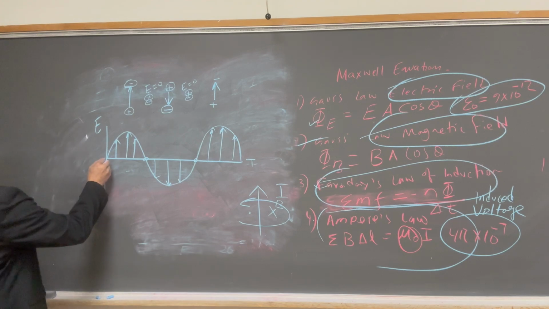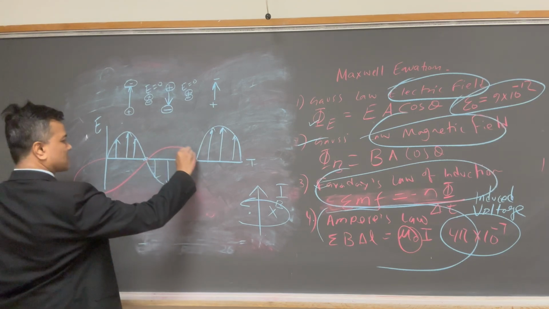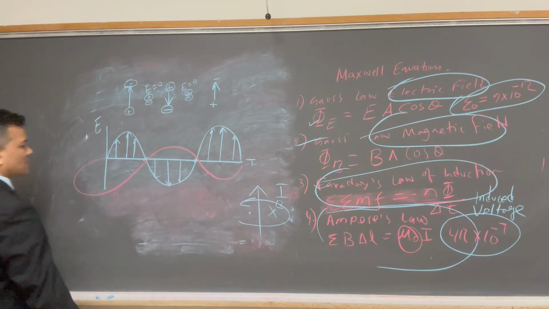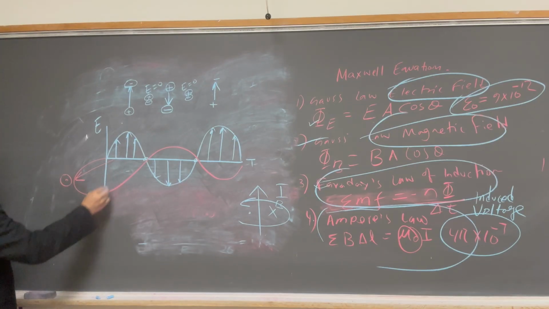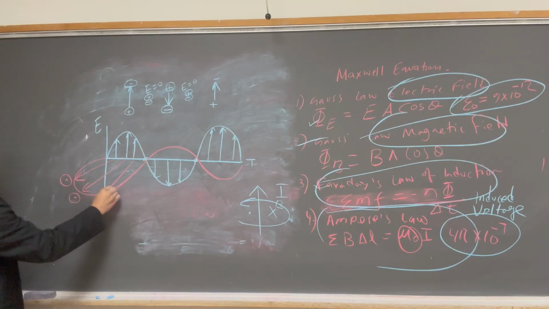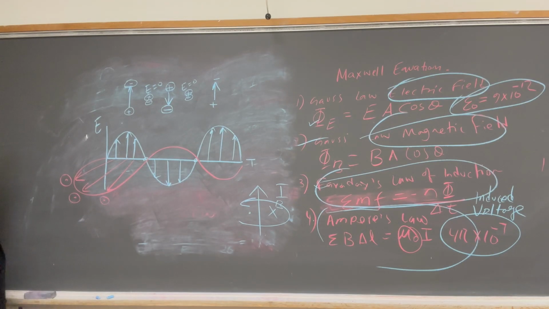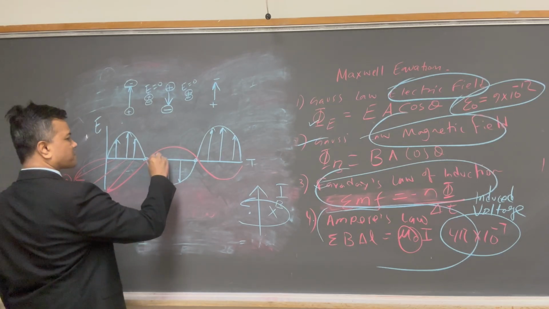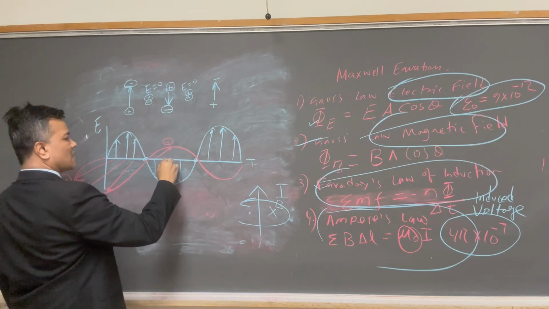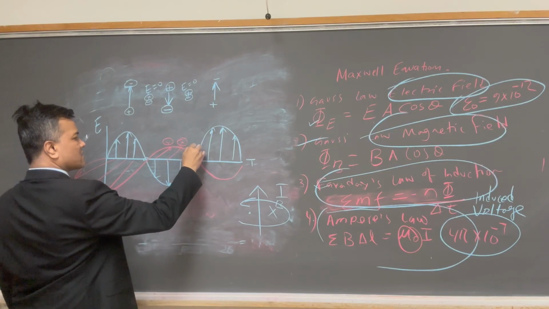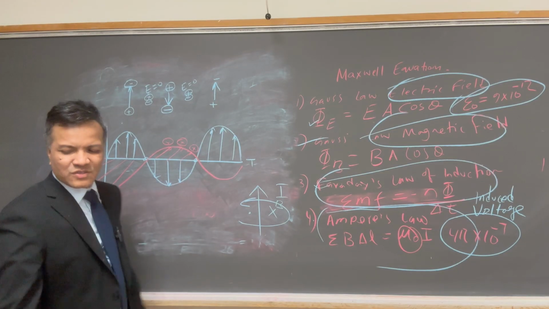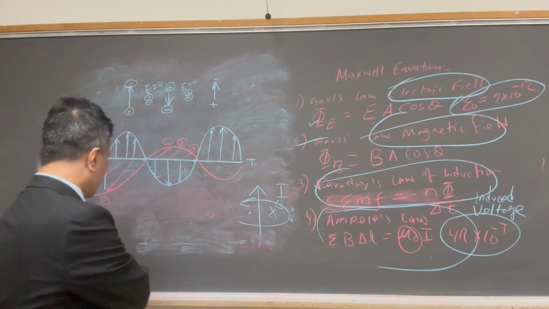We're going to go to the Z component. All right. So this is out. You're going to draw it out like that. This is out. This is out. This is in. This is in. This is in.